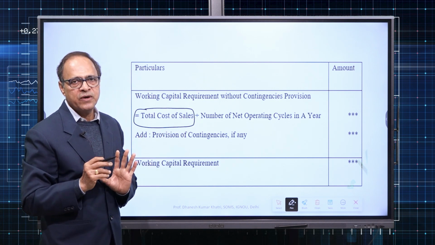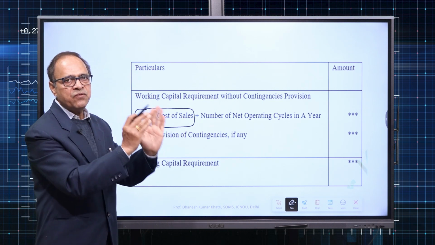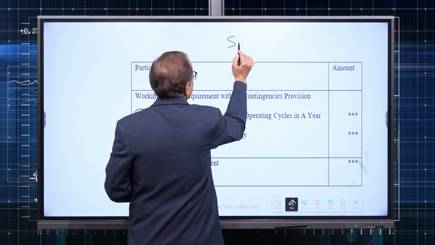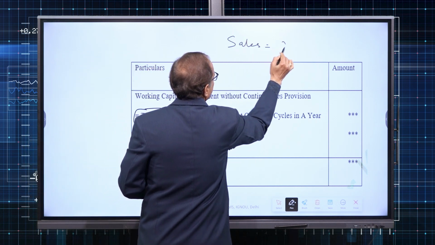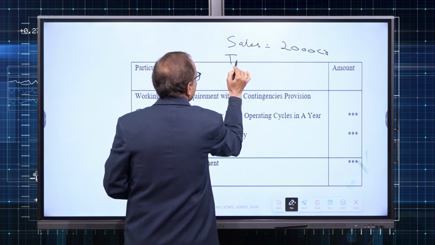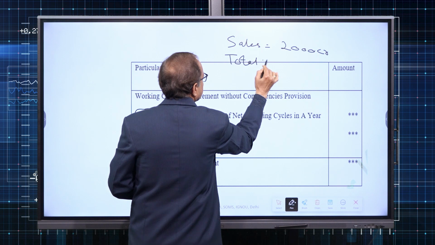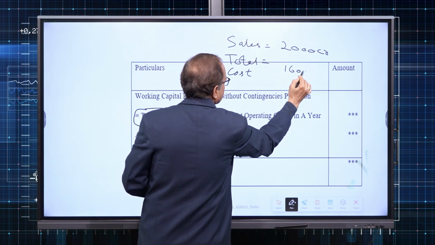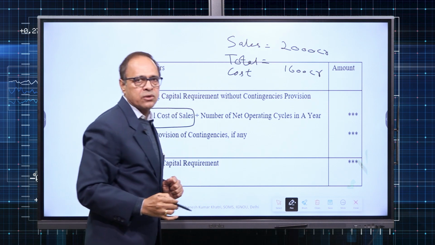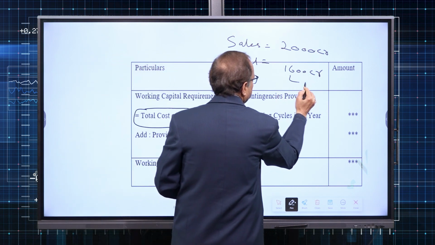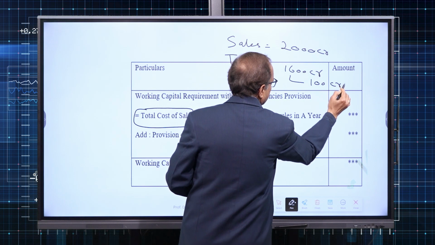So, for example, if I say for the next financial year your company is going to have sales of 2000 crore and total cost for that sales is going to be 1600 crore, and this 1600 crore includes depreciation of 100 crore.